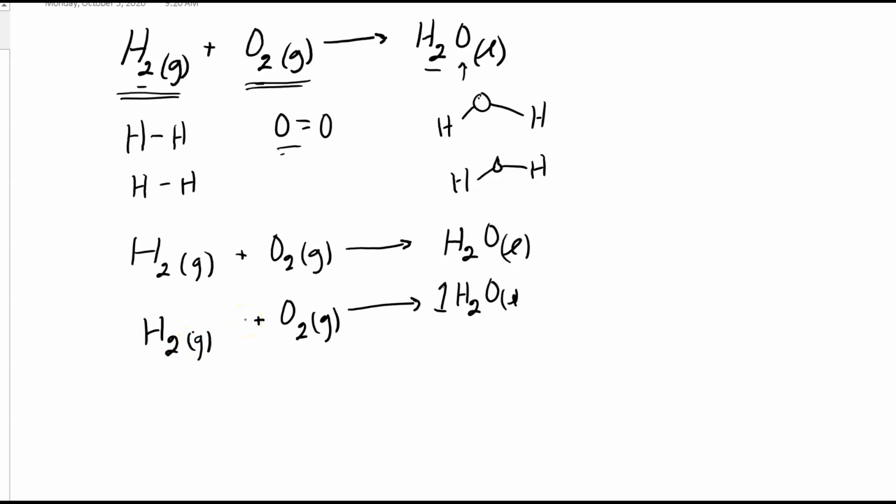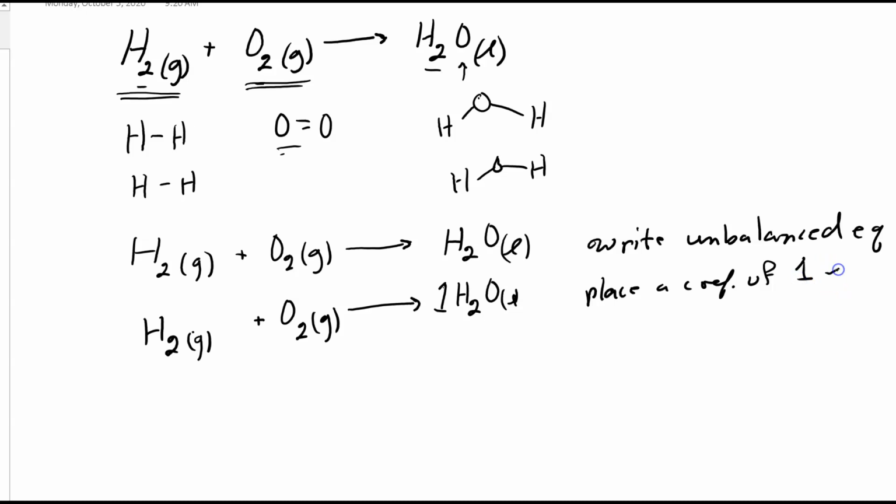So step one would be to write the unbalanced equation. Okay, and step two would be to place a coefficient of 1 in the most complex molecule.